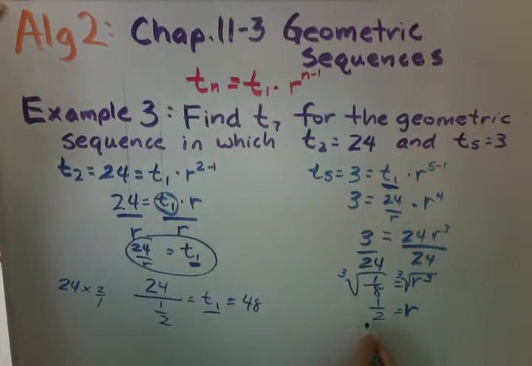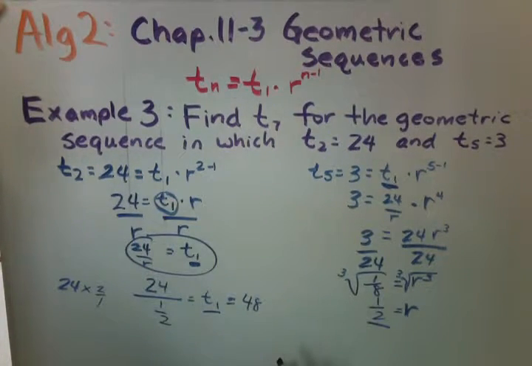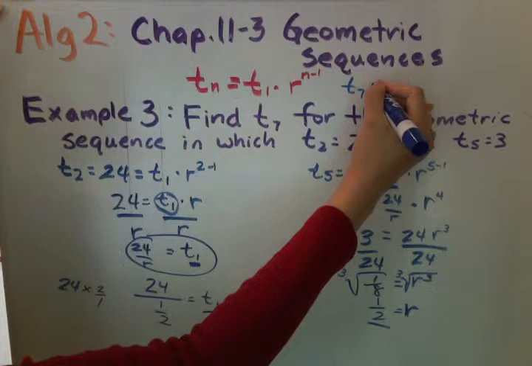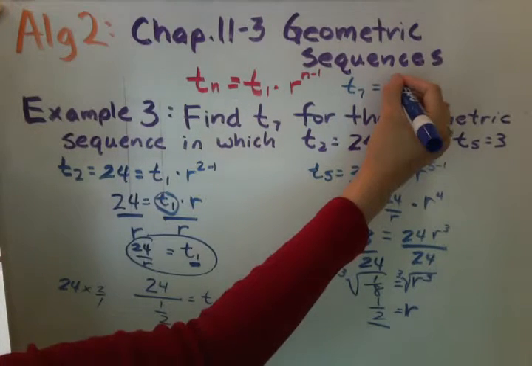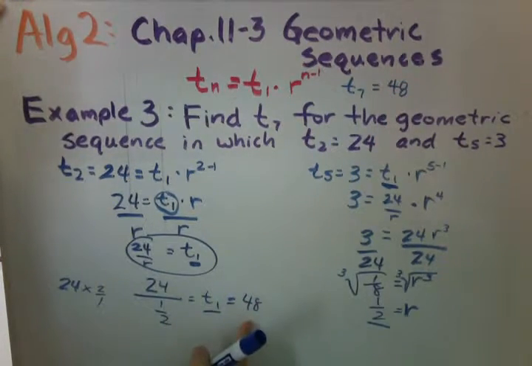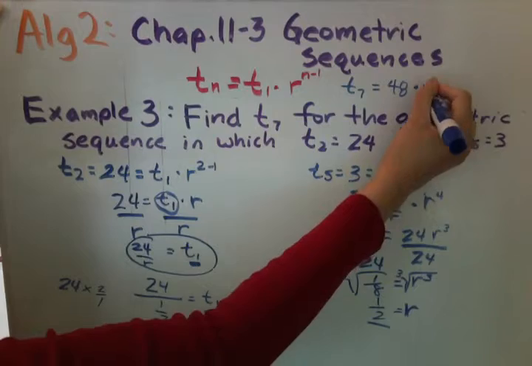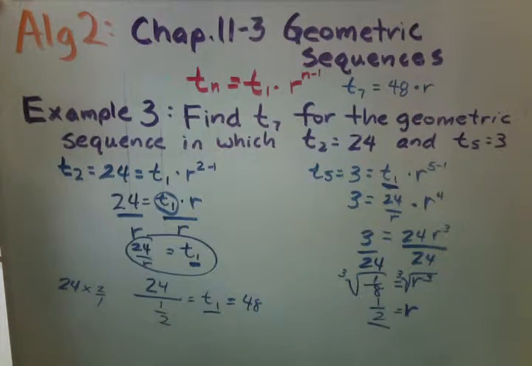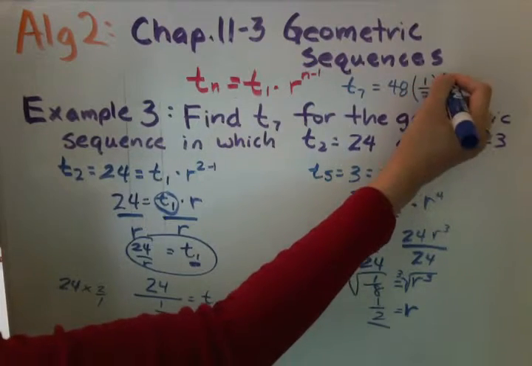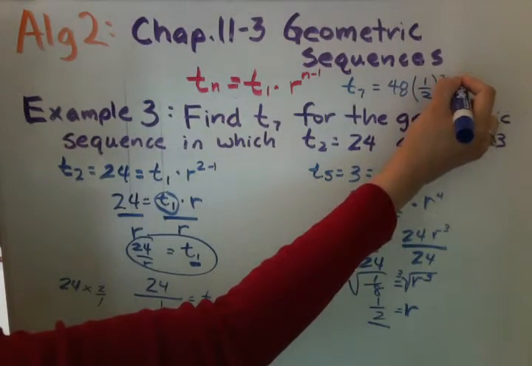Now that we have t1 and r, we can plug it into this formula here. So t7, the 7th term, equals the 1st term, which is 48, times r, which is now half, to the 7th term minus 1.